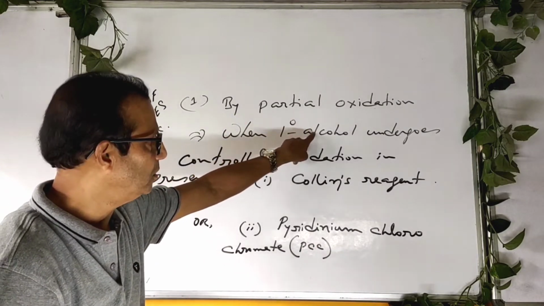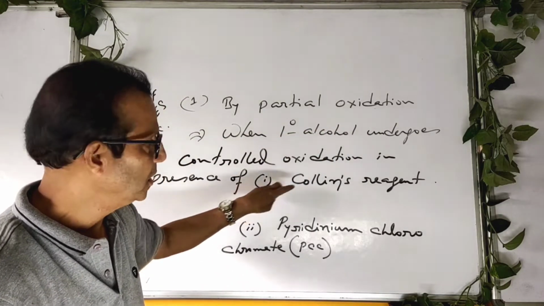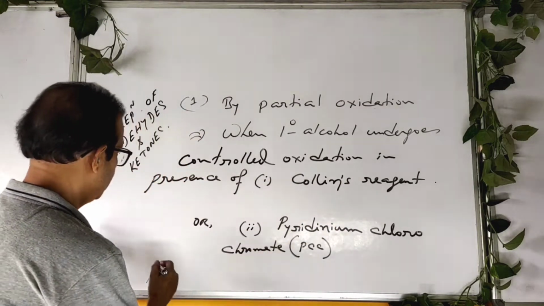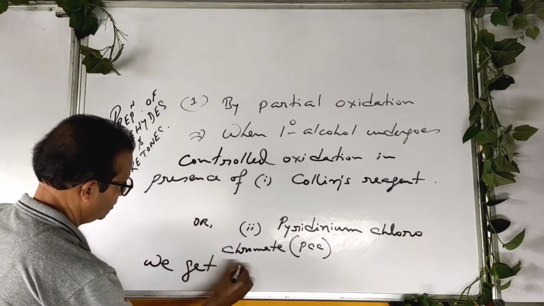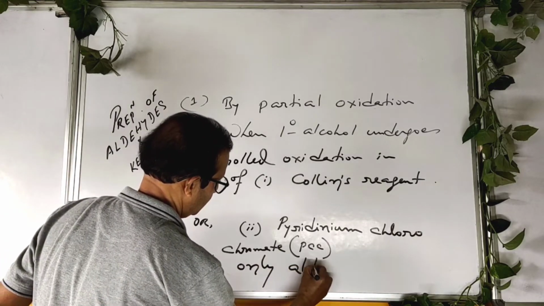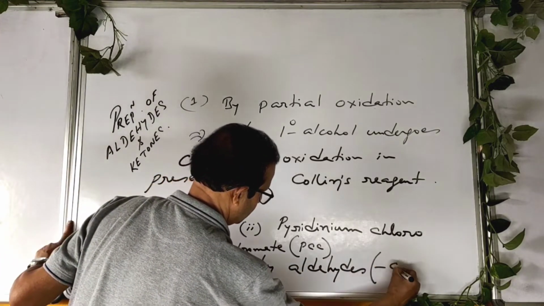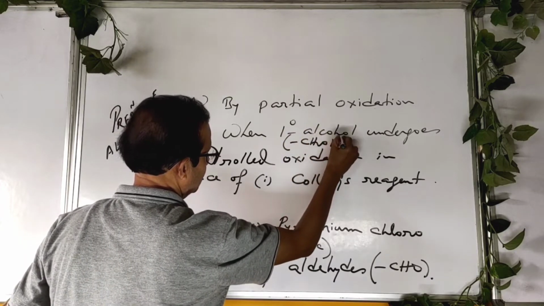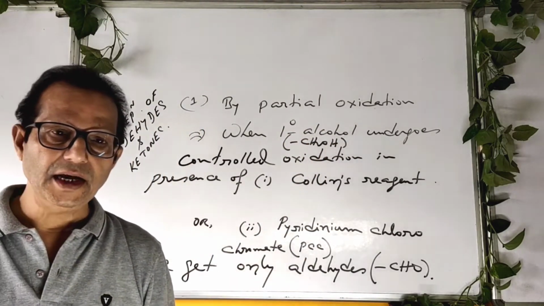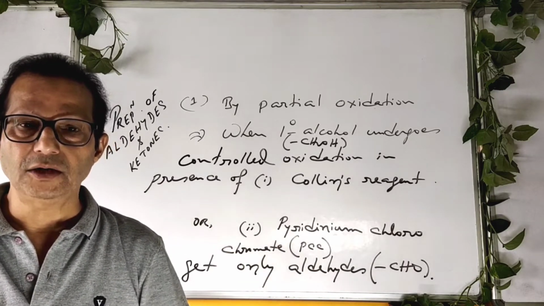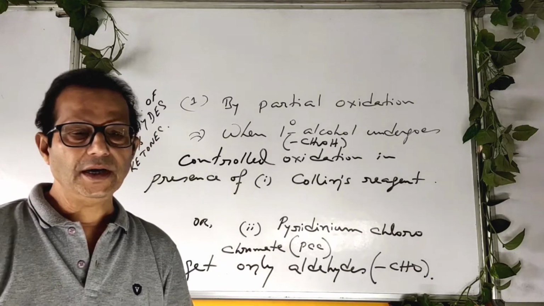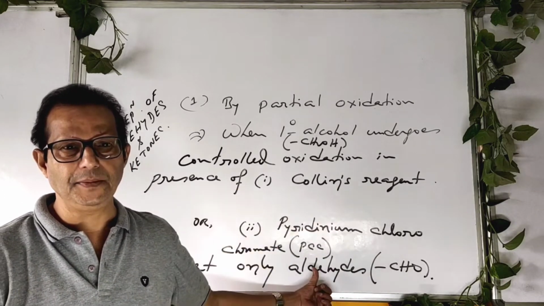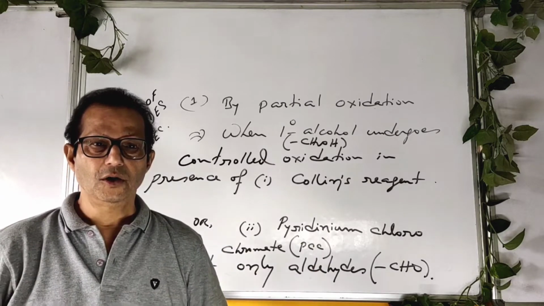When primary alcohol undergoes controlled oxidation in presence of these weak oxidizing agents, Collins reagent and pyridinium chlorochromate, so what you learn is that any primary alcohol, whether methyl alcohol, ethyl alcohol, propyl alcohol or butyl alcohol, when it undergoes controlled oxidation in presence of Collins reagent and PCC, pyridinium chlorochromate, we get aldehyde.